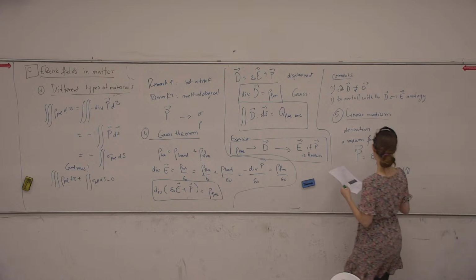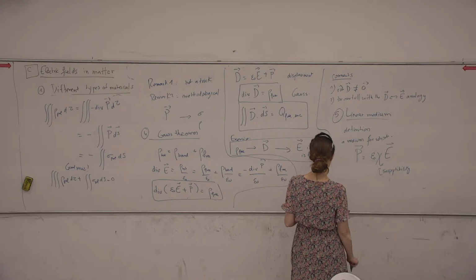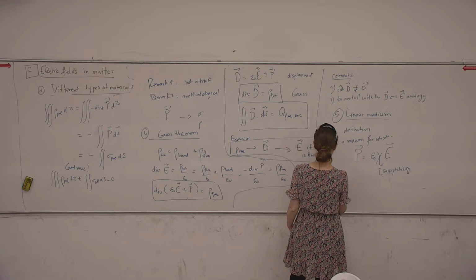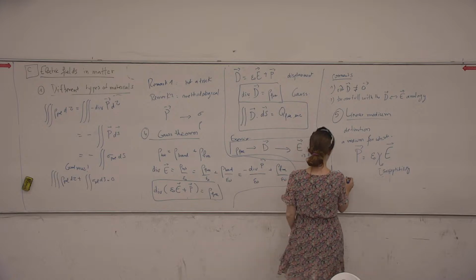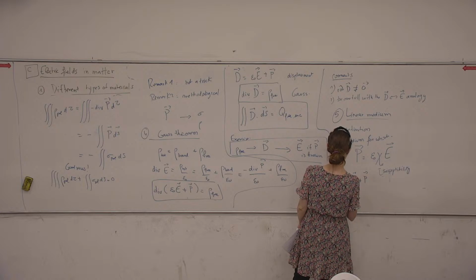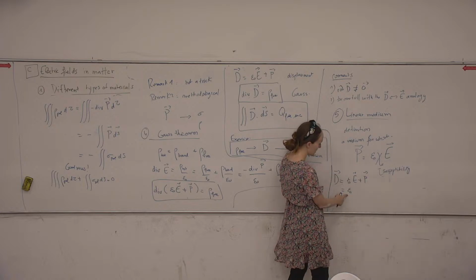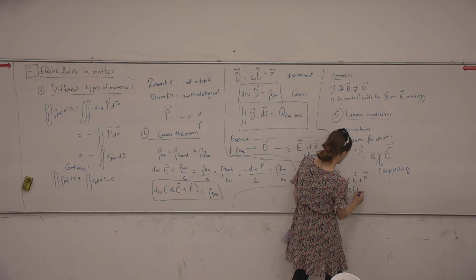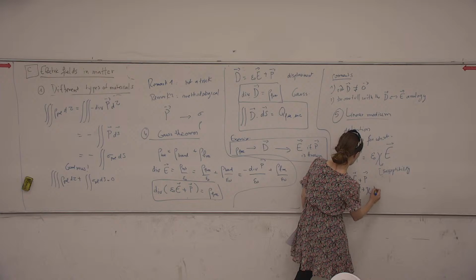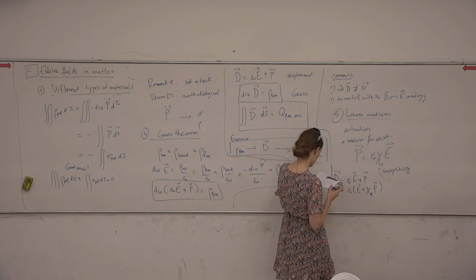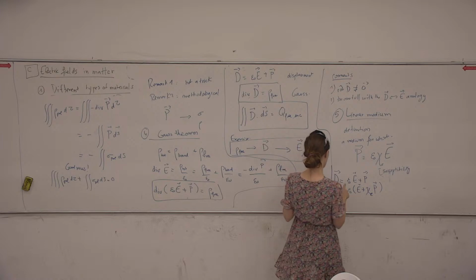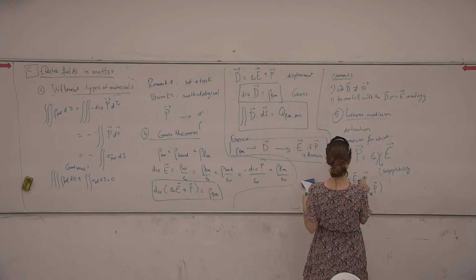And why is it interesting to write it this way? Because if I write the displacement for such a medium, so D by definition is epsilon 0 E plus P. So if I replace, it's epsilon 0 E plus chi epsilon 0 E. Right?